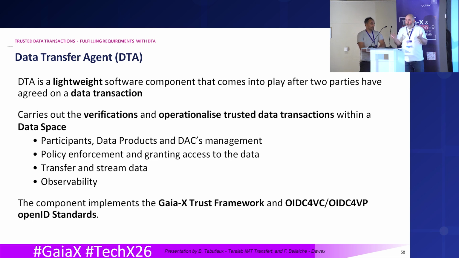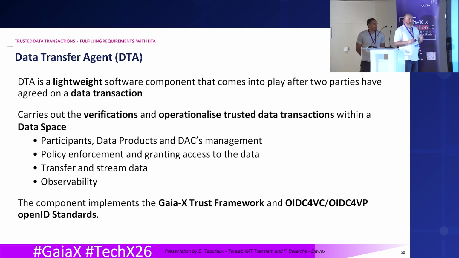And most of all, it implements the specification from Gaia-X and works using OpenID for VC. So it's hosted inside the GitLab of Gaia-X. There are several branches and versions. The last commits are from, I don't know, 4 days ago. There are many things going on. It's still an evolving project, but we'll talk about that.